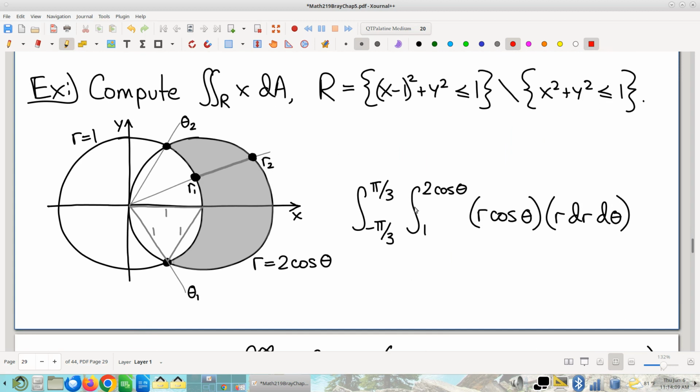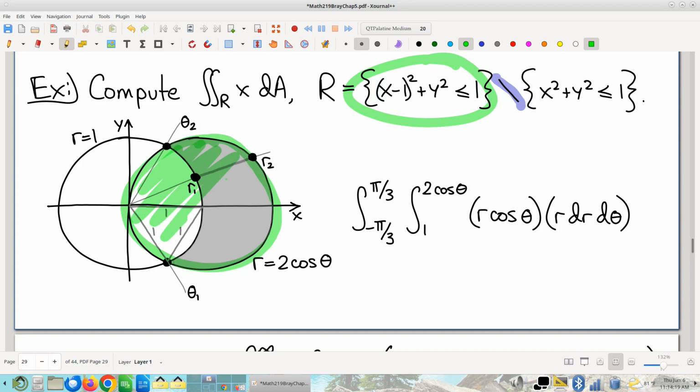Okay, next example. Let's talk about your question. So this right here just means take whatever you've got there, which is this, and then subtract off, eliminate any part of it which is in here, right?